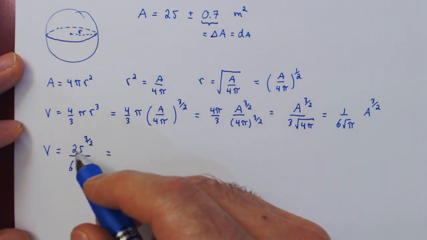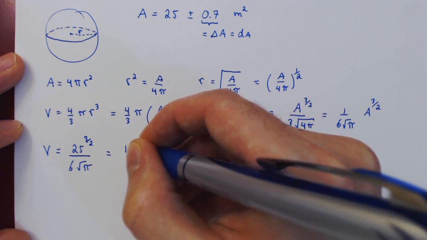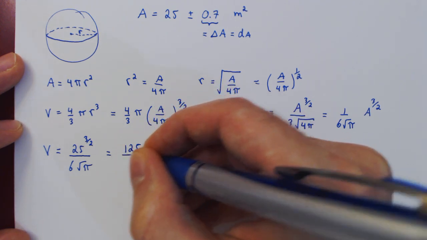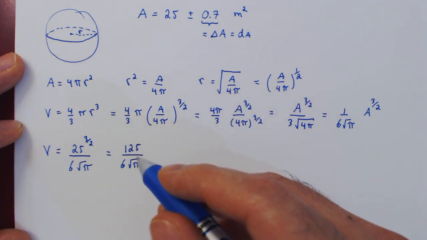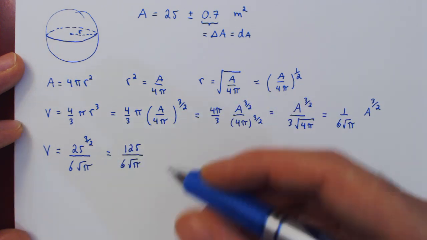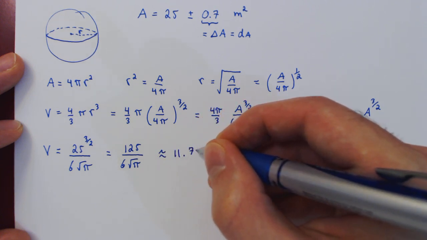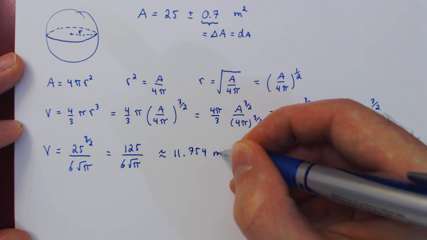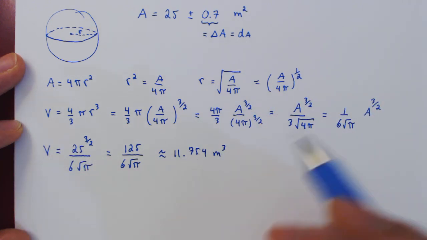The root of 25 is 5. 5 cubed is 125. So we have 125 over 6 root of pi. And if we now use a calculator to estimate this, we get approximately 11.754 meters cubed. So we now have a value for the volume of the sphere.